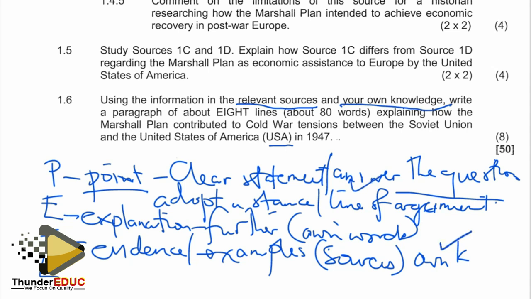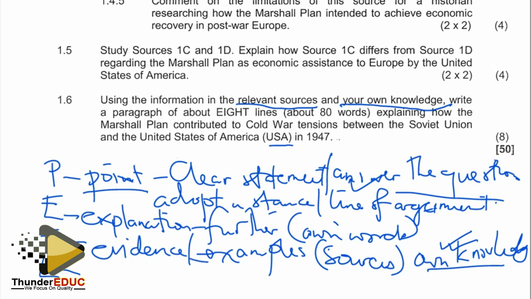You also give evidence here using your own knowledge, or you also cite examples here using your own knowledge, because you have learned these concepts in class. You must be knowing something about the origins of the Cold War. It's not like it's something new that you have just started to see from the source. You have learned about it and you know what happened with the Cold War. So you need to also apply your own knowledge.